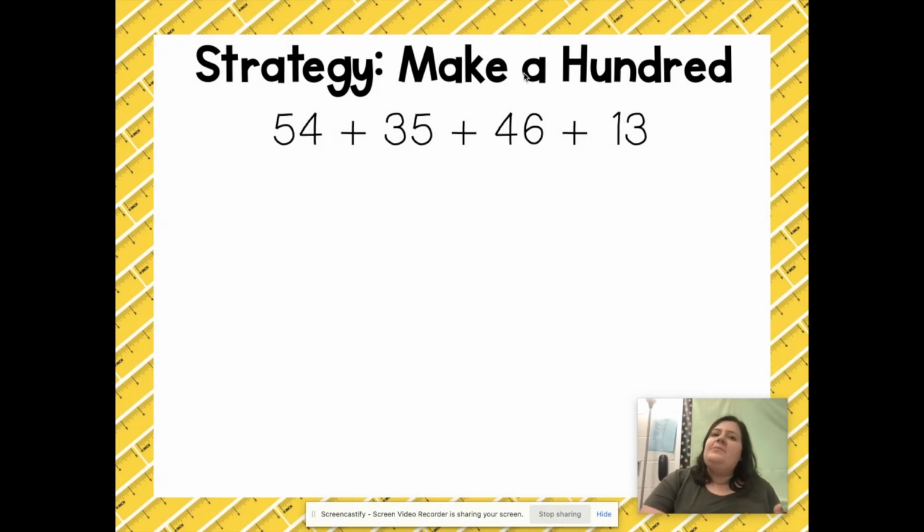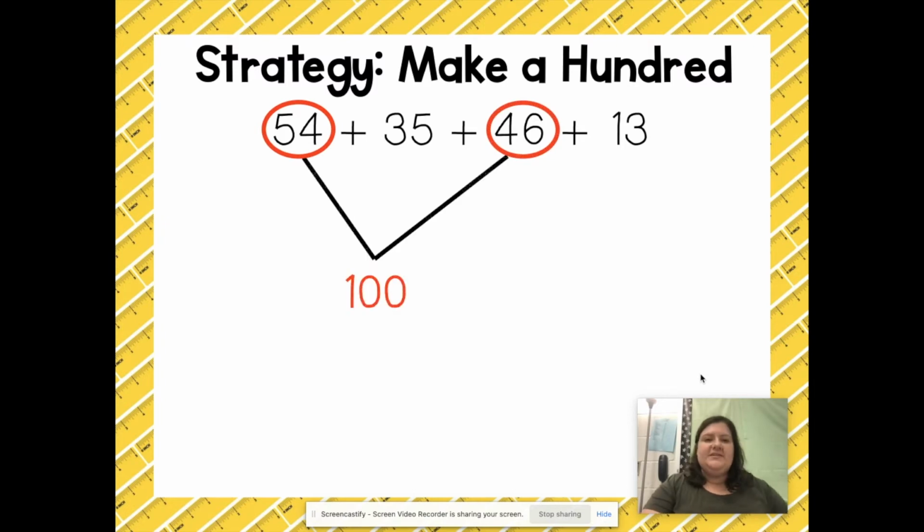Another strategy that we can use to add 4 two-digit numbers together is to try to make hundreds. So I have 54 plus 35 plus 46 plus 13. Ooh, since I have been practicing my combinations of hundreds, I immediately recognize 54 and 46. When I add those 2 numbers together, I get 100.